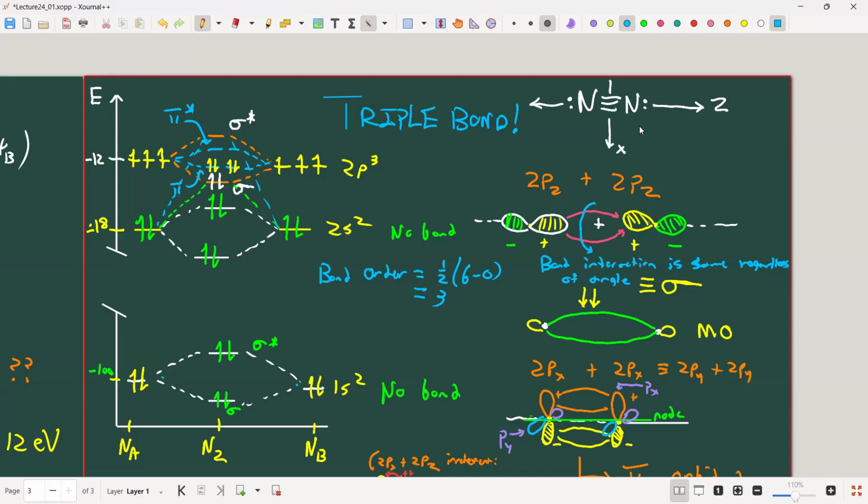So dilithium, diboron, dicarbon, dinitrogen, dioxygen, difluorine. They all have the same combinations because they're all made up of the same orbitals. But the key difference is that the energies of the atomic orbitals change as we add and remove electrons. So the orbitals are going to mix differently depending on the atom and the repulsion of the electrons in the valence.